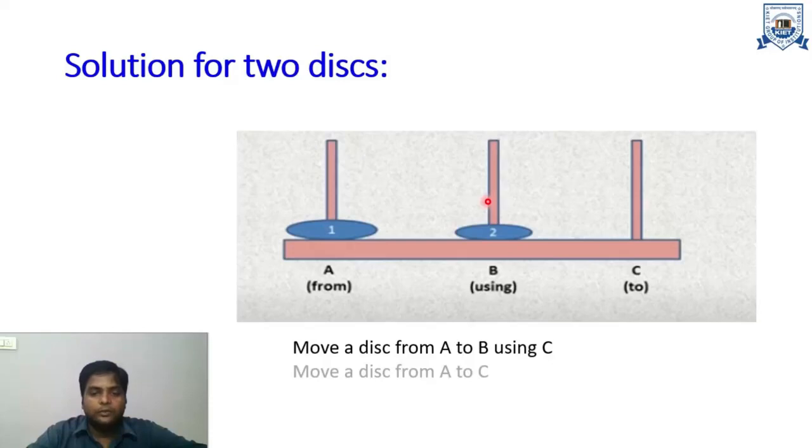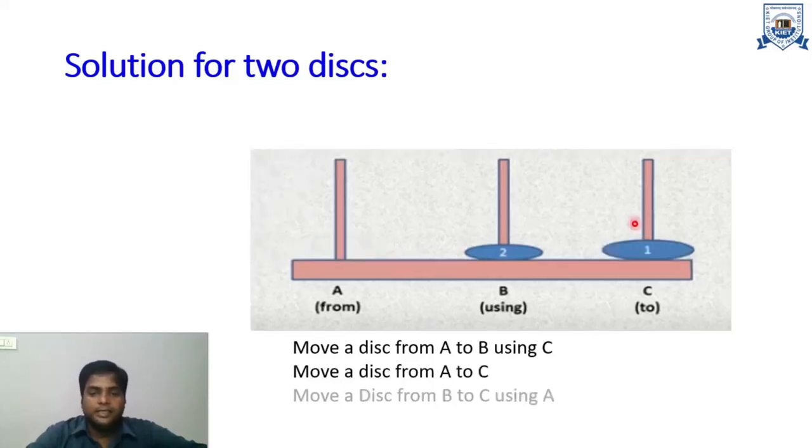Now we move a disk from A to C. So next we will move the disk from A to C. Then we move a disk from B to C. Actually, we are not starting with the source, so that's why this source right now will be the using tower.